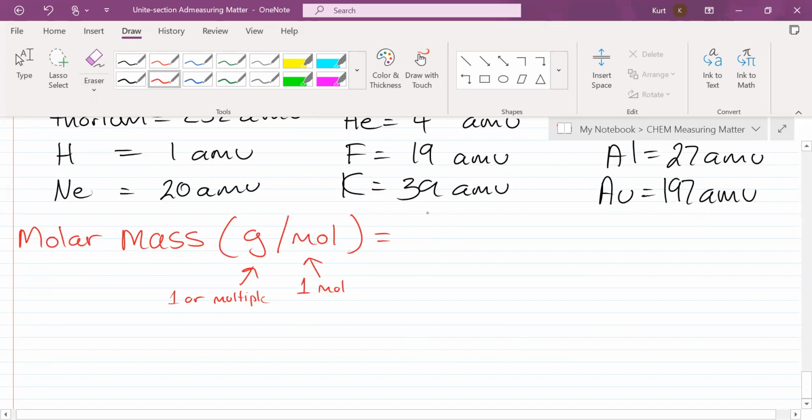Molar mass is the mass of 1 mole of a pure substance. And once again, it is measured in grams per mole.